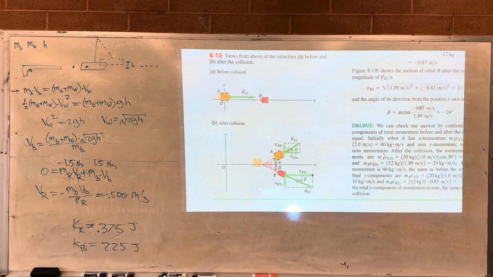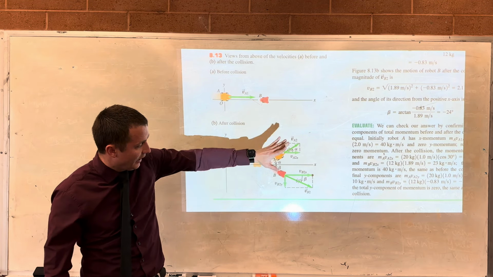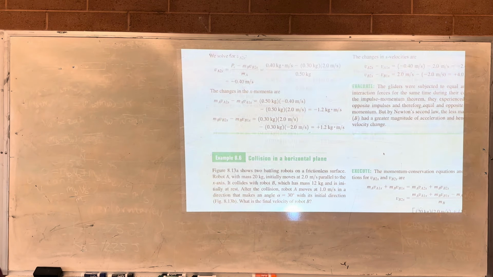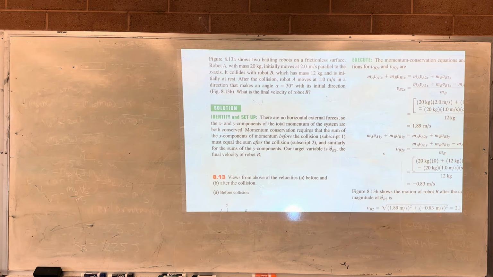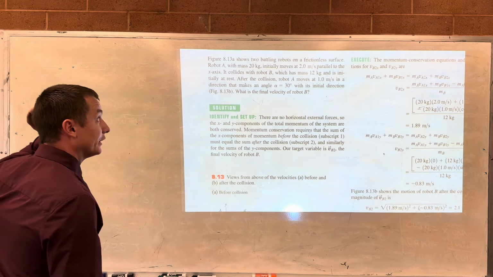So we've got some object A traveling with some initial velocity, and it's going to collide with this object. They're going to bounce off each other, and we have to figure out how. Let's see the information it gives us. The figure shows two battling robots on a frictionless surface.